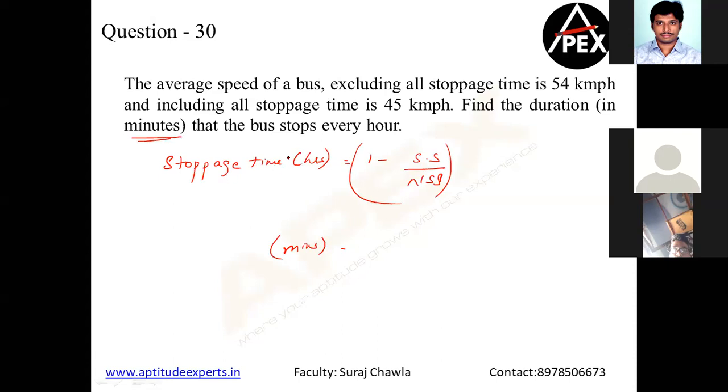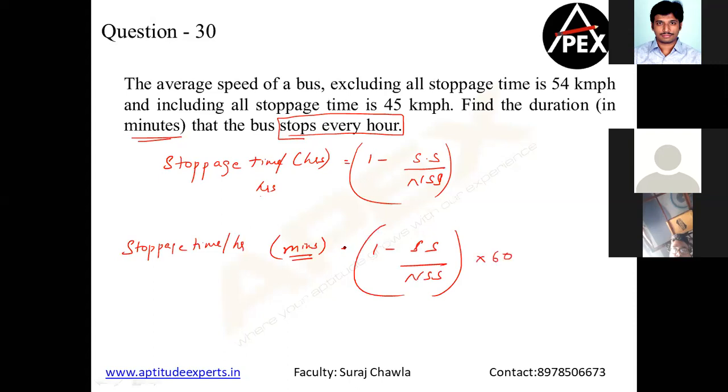Stoppage time per hour in terms of hours, this is per hour as per the question. So stoppage time per hour in terms of minutes will be 1 minus stoppage speed by non-stop speed, this is in terms of hours, right? Into 60. This becomes our answer.